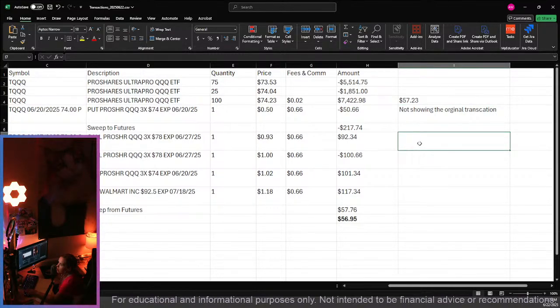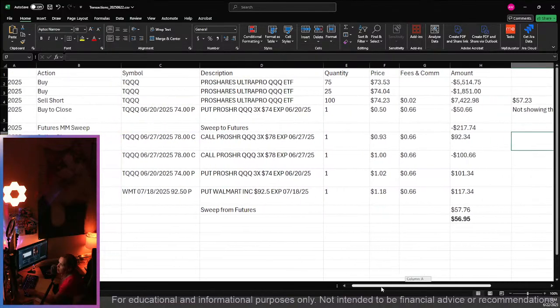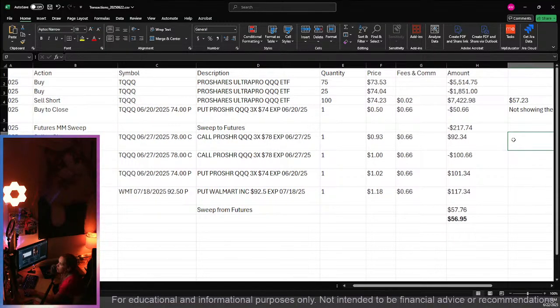So this was... what was this one? Sell to close. And even this is messed up. So buy to open, yeah, that would make sense. Sell to open. Okay, then you got the credit here.